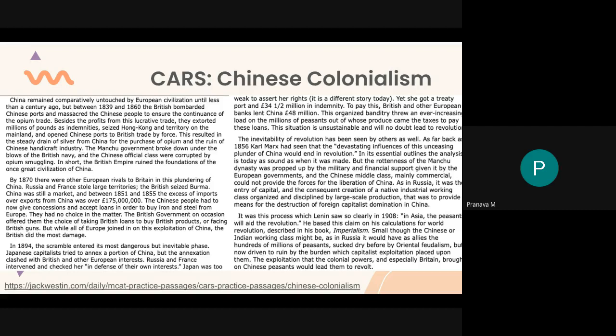In its essential outlines, the analysis is today as sound as when it was made, but the rottenness of the Manchu dynasty was propped up by the military and financial support given it by the European governments, and the Chinese middle class, mainly commercial, could not provide the sources for the liberation of China. As in Russia, it was the entry of capital and the consequent creation of a native industrial working class, organized and disciplined by large-scale production, that was to provide means for the destruction of foreign capitalist domination in China.